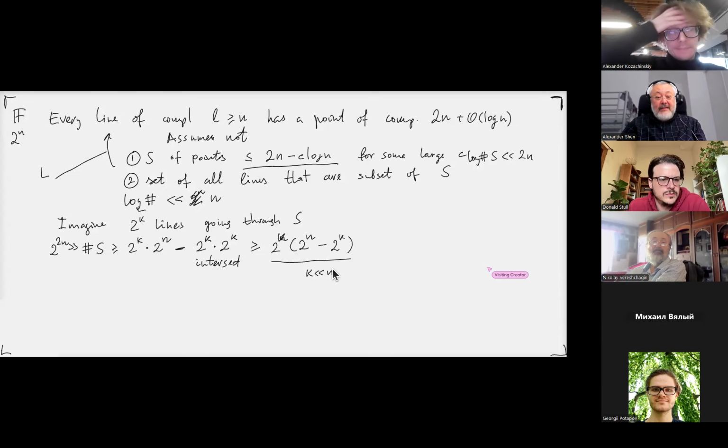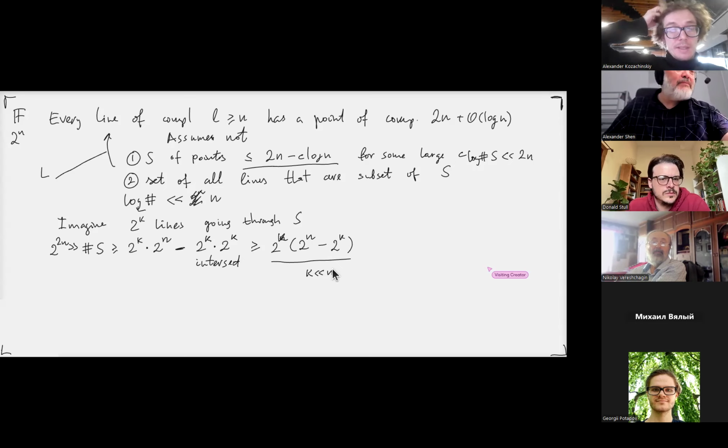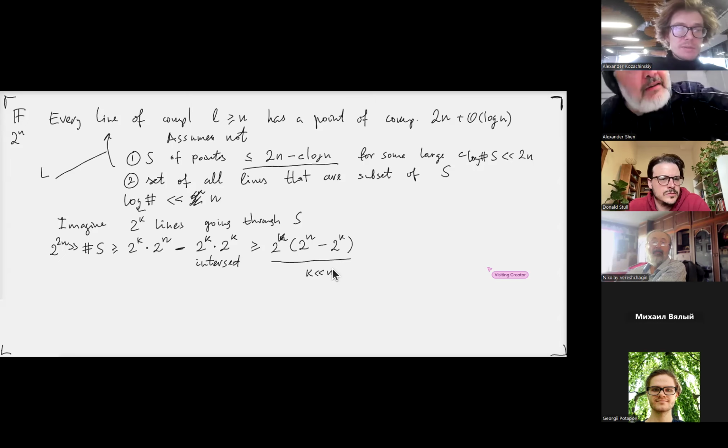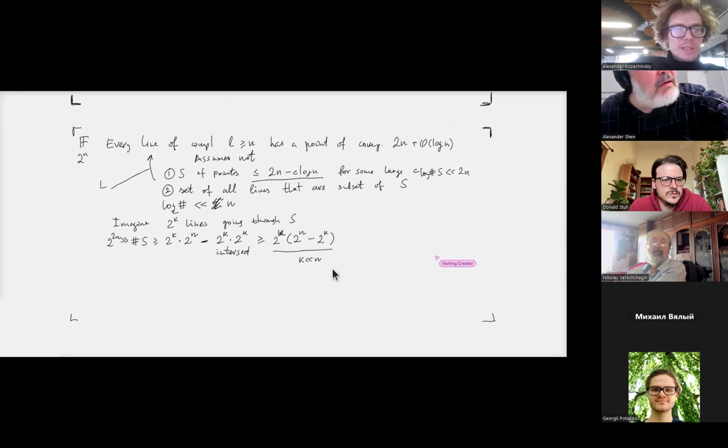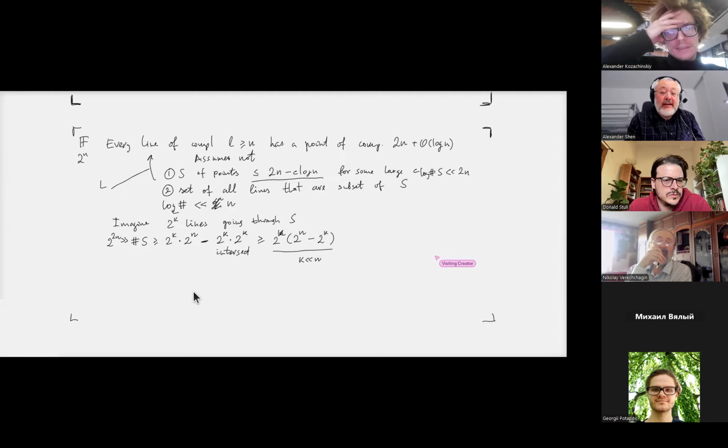So we have an upper bound for the number of points possible, and we need to upper bound k. If k is like n minus 1, then we get 2 to the n up to a constant, right? Yeah, so here we need two cases.